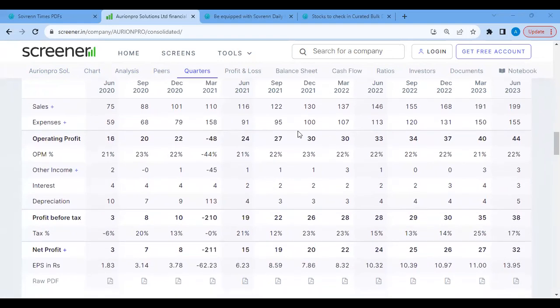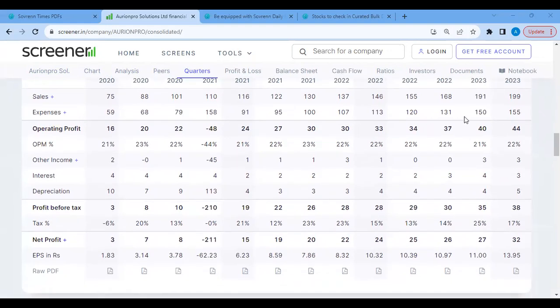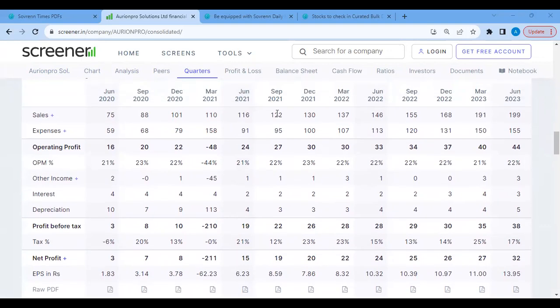When did the uptrend start for this company? Which time frame? Someone is saying June 21, December 21, somewhere around here. Yes, somewhere around here, June 21, December 21, you can say the uptrend started.